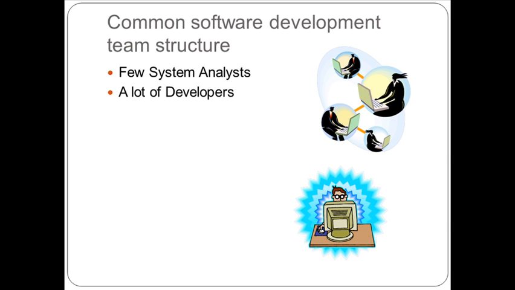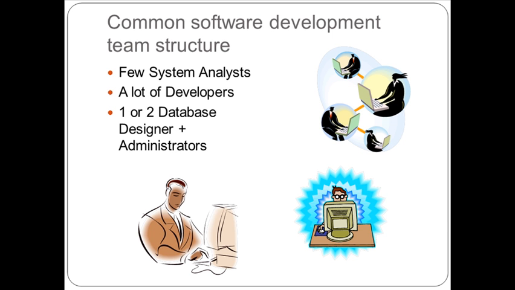Of course, we have a team of developers to do the programming, deployment, testing, bug fixing, and all those things. And we also have a database designer or database administrator. Sometimes they are the same person in the team, and they are responsible for making sure the database is stable and the database design is good. It is important to have a specific role. Remember, role doesn't mean person.